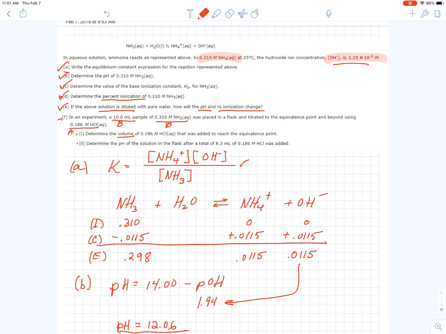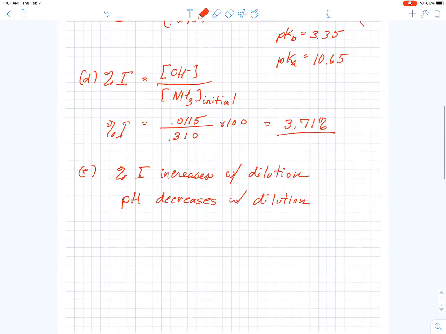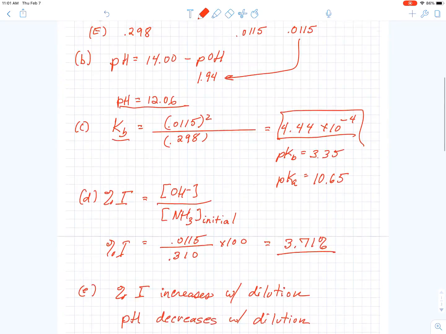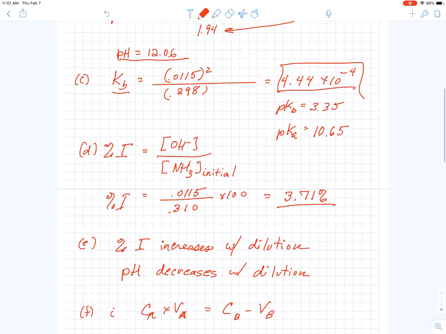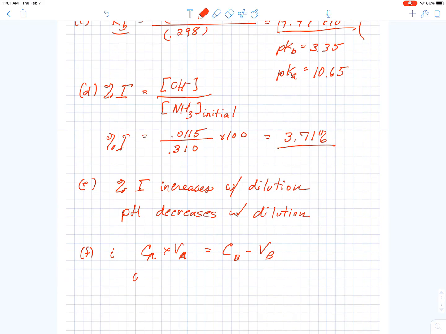We're just going to get concentration of the acid times the volume of the acid equals the concentration of the base times the volume of the base. Check up there so you don't get the numbers mixed up. It's such an easy calculation, and the only error you're going to make is if you put the numbers in the wrong locations. So the acid that we're using is our hydrochloric acid, a strong acid.